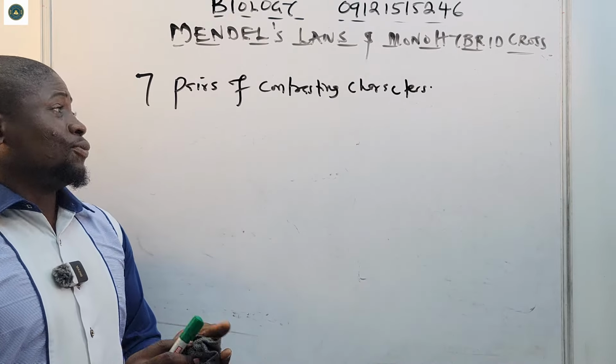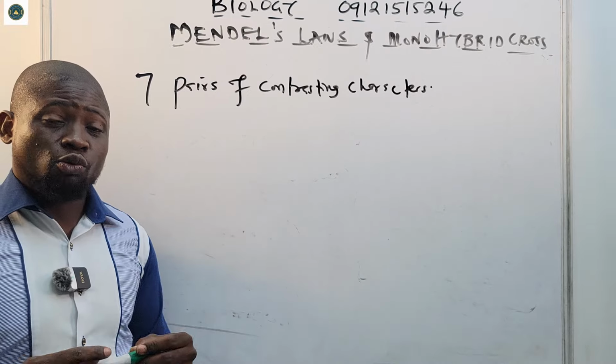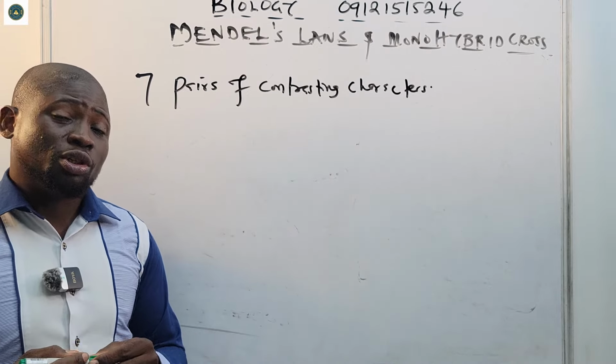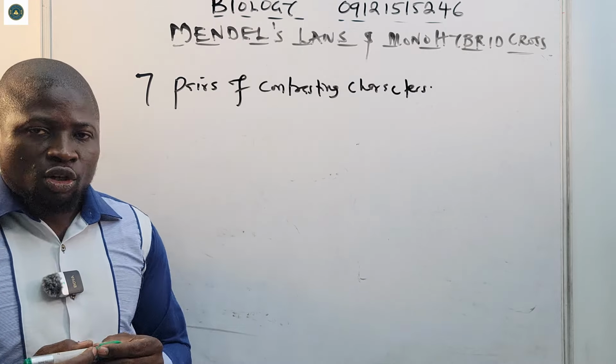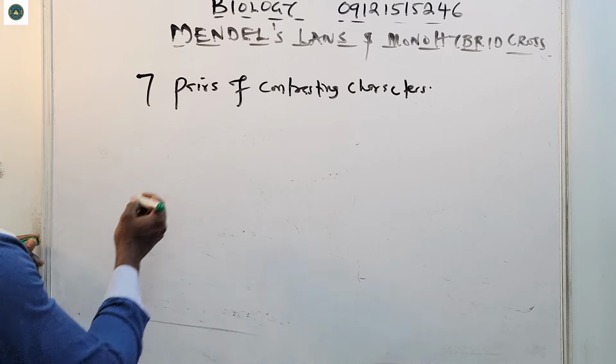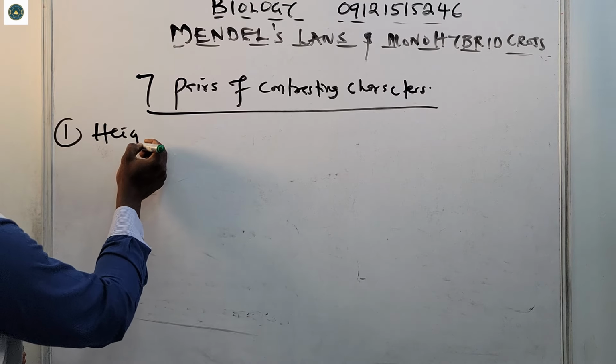All right, so do you know what it means for a plant to have 7 pairs of contrasting characters? These are some of the reasons why the pea plant was chosen by Johann Gregor Mendel in the conduction of his experiments. So now, what are these 7 pairs of contrasting characters? Number 1, we have height.